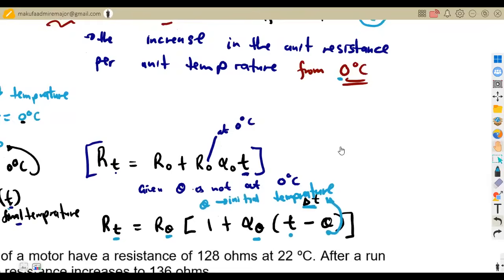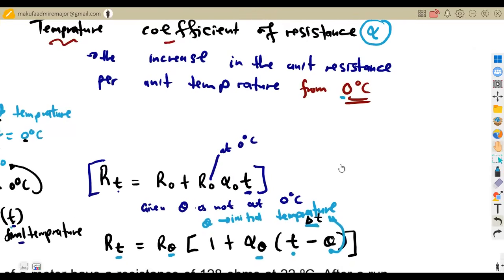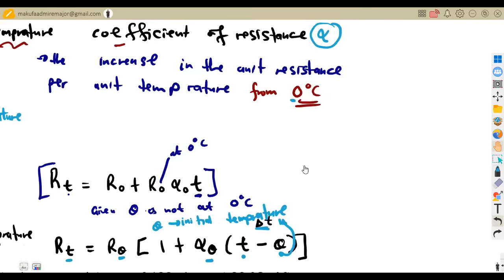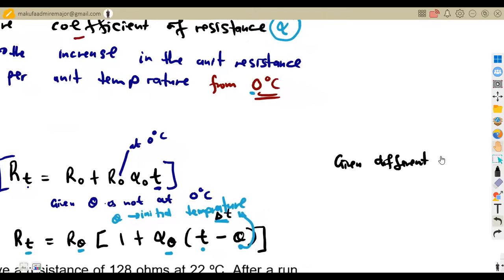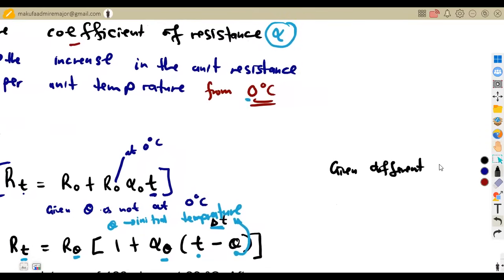There's also this formula that is best to use on a condition that you are given different temperatures in this case. So this is another formula that is important.